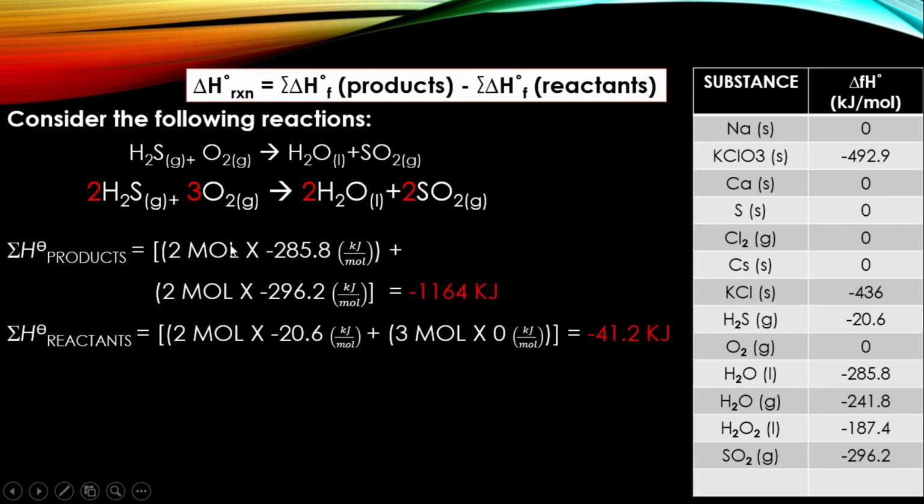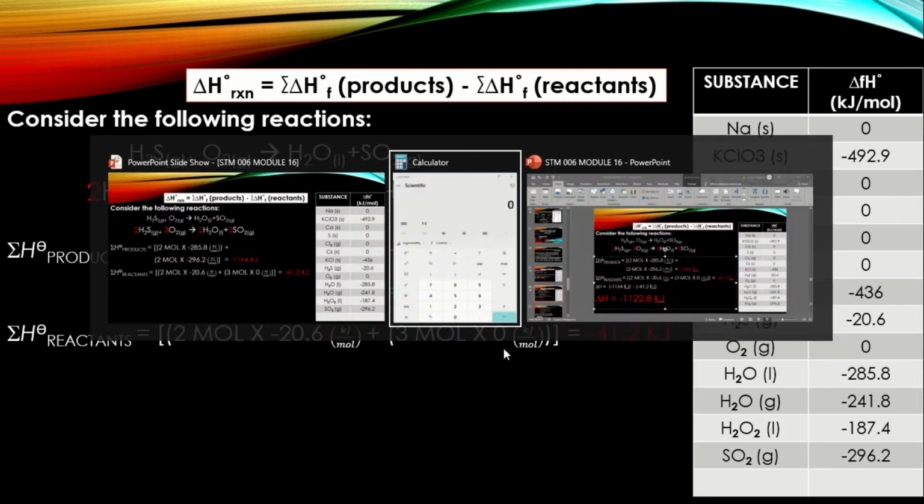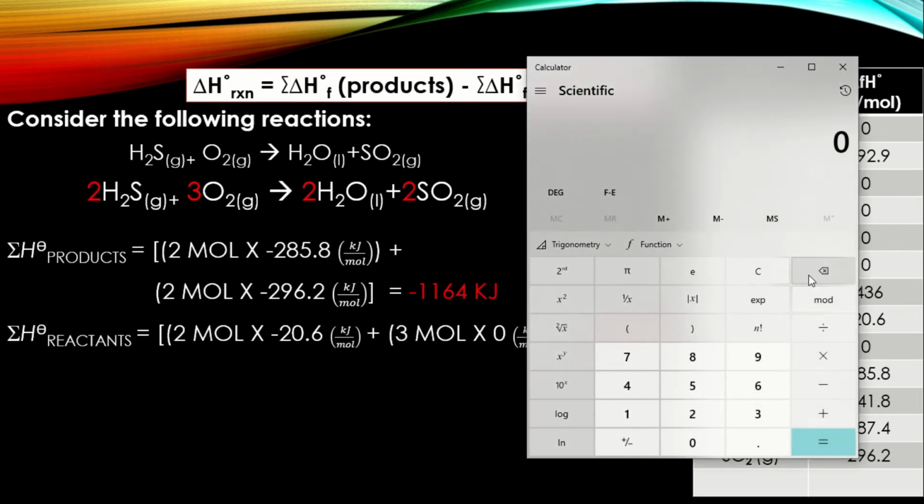Next, yung susunod na substance naman na 3 yung oxygen, kaya 3 mole. Oxygen na gas is 0. Bakit 0 ulit? Kasi they are in their elemental form or elemental state, kaya 0. So, kukunin natin yung kanilang summation of enthalpy of formation for the reactant.